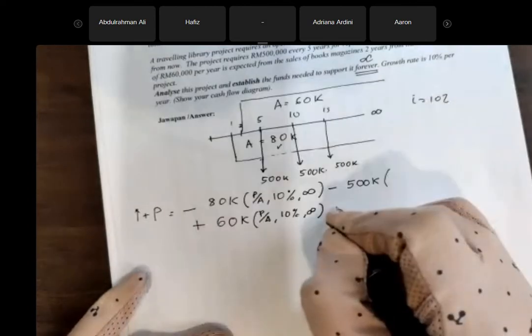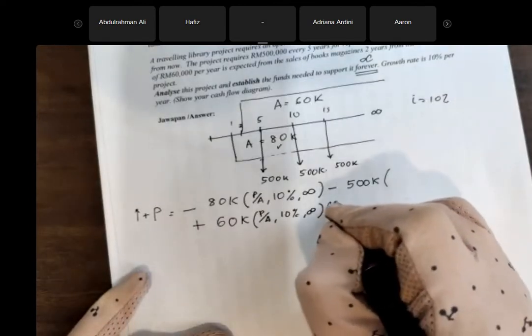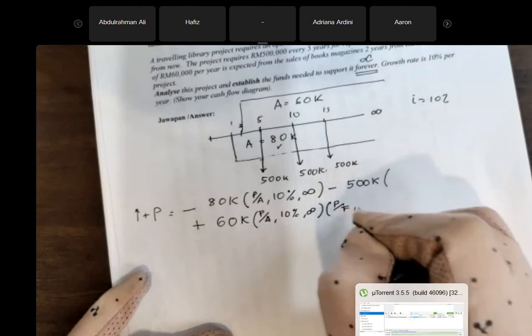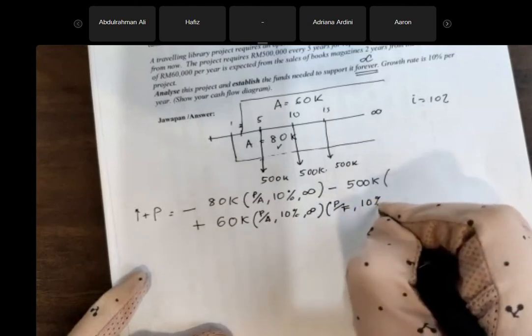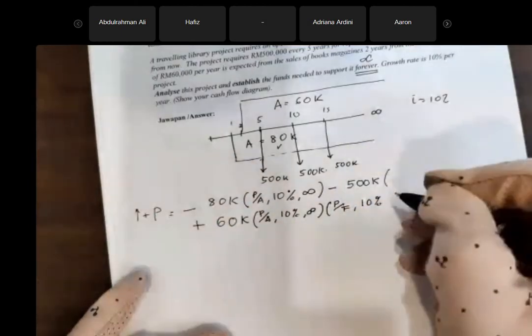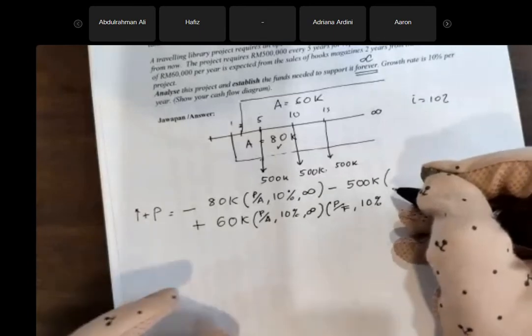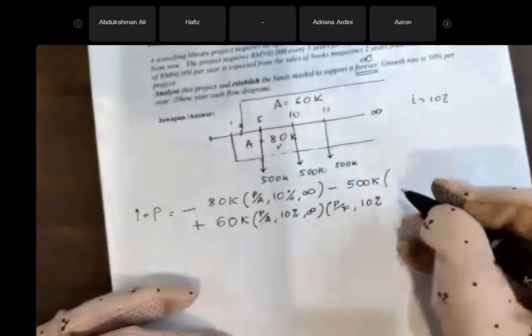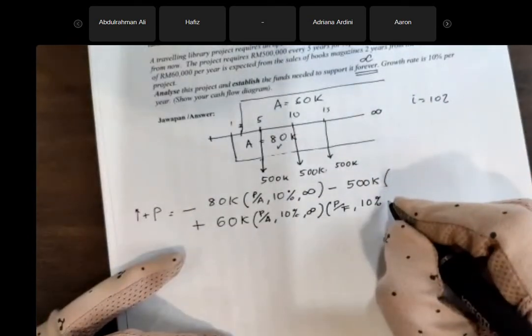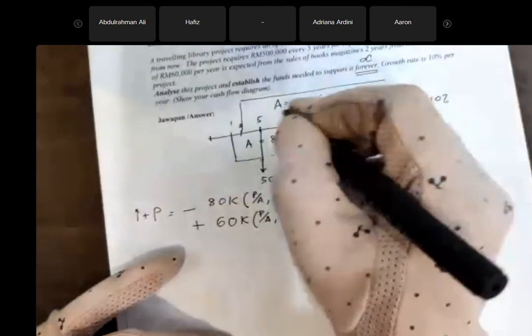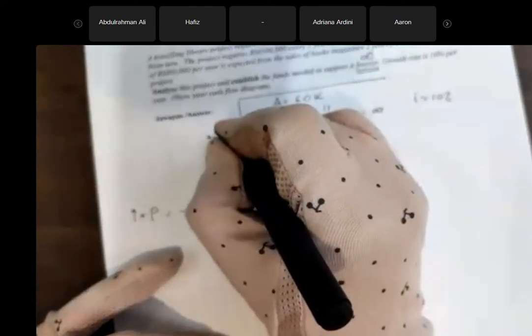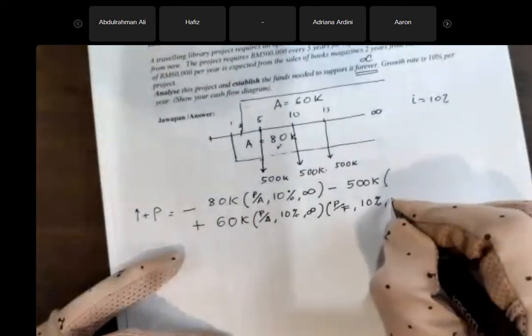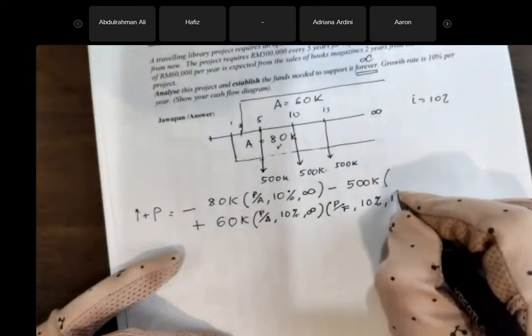Become F. Okay, now P over F, 10%. And what? You have moved this A ni to the year 1 because it becomes F kan? So become F, ingat it is at year 1. Okay, now yang ini.